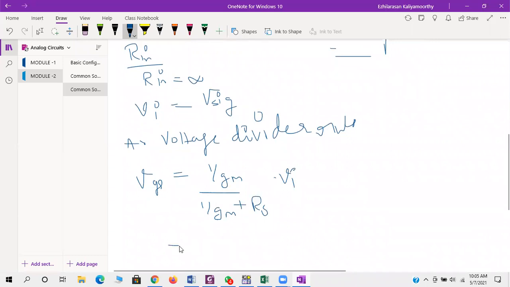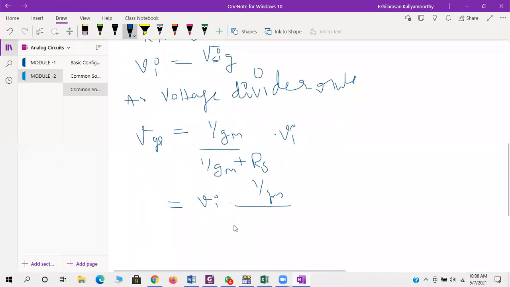Now, just do the simplification, we get Vi into 1 by gm. In the denominator, take the common 1 by gm, taking common 1 plus gm RS. Now what will happen?